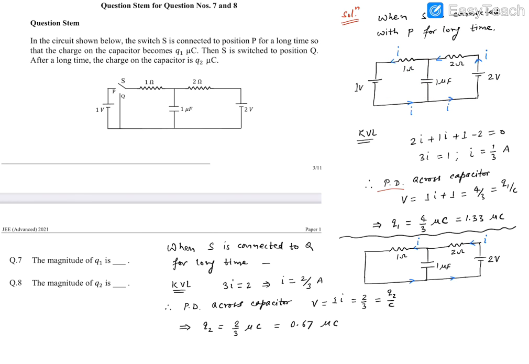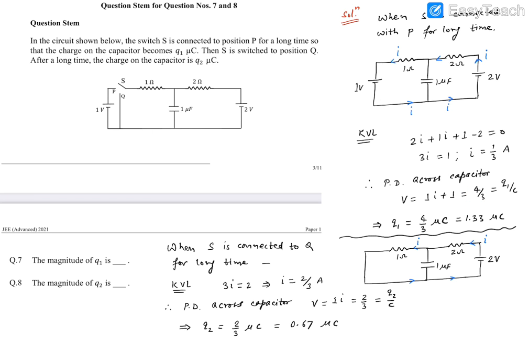So the potential difference across the capacitor, let's say V, is going to be 1 into I plus 1. That's how I write it, because this is plus minus, this is plus minus, so they are getting added up. Now I can be substituted as 1 by 3, so that becomes 4 by 3.